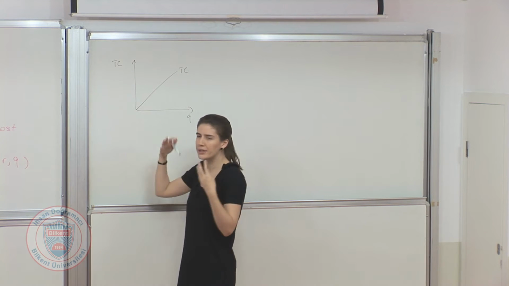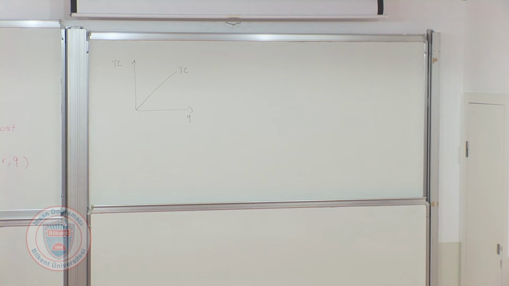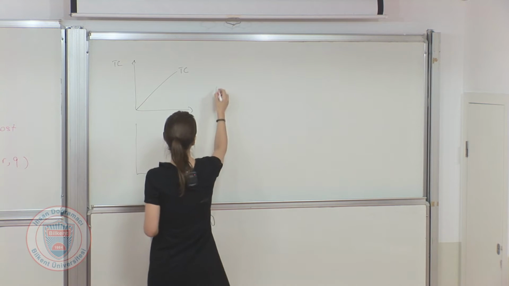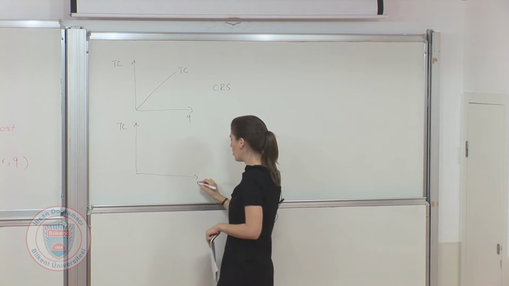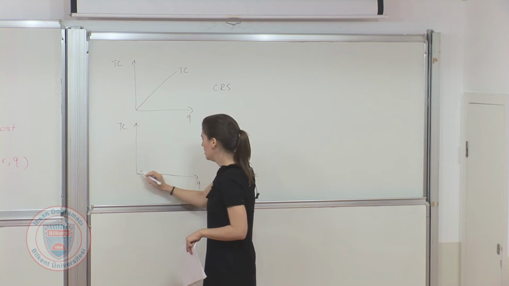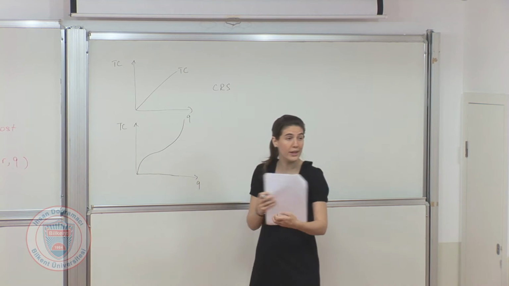And then there are the other returns to scale phenomena: increasing returns to scale and decreasing returns to scale. This was constant returns to scale, but mostly we would have a cost function like this. Initially we have this, and we might have some flat part, and it might go like this, okay?